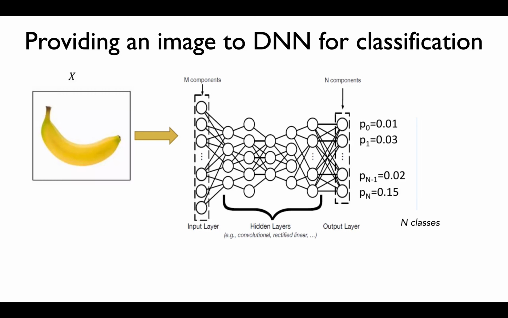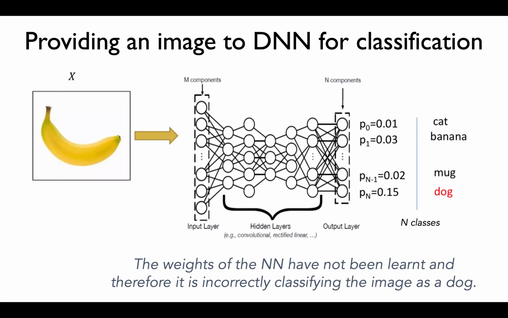We see here that the probabilities are all over the place, and the highest probability matches that of the item dog, but this is in fact not the case here. So the loss would be rather high here, and we would then evolve or change our model parameters so as to reduce the loss.